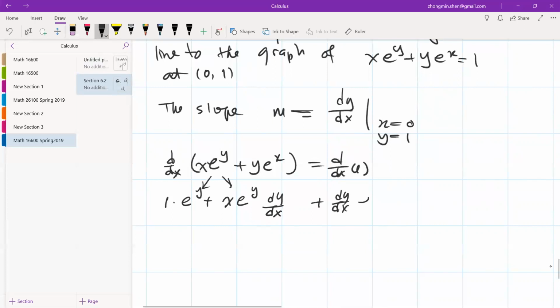Similarly, you use the product rule to get two terms for y and e to the x. The derivative of e to the x is itself.